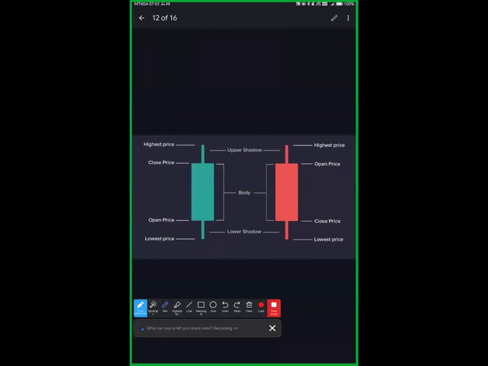The filled part is called the body. First of all, the thin lines poking below and above the body are called shadows. You can call them tails. It is the same thing.